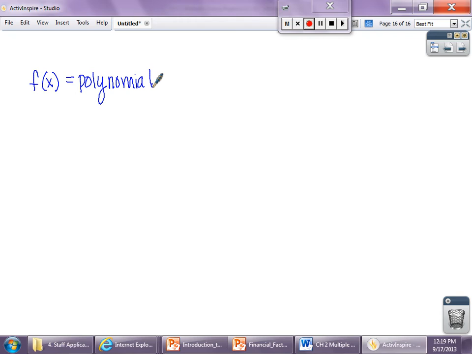X cubed is a big pain in the butt, because if you put x plus h into the function and you cube it, what do you have to do? X plus h times x plus h times x plus h, and you have to FOIL out that many times. It's a pain. The other kinds of functions you've seen are square roots. You've seen 1 over x, 2 over x, 1 over x squared. You've seen all of those.